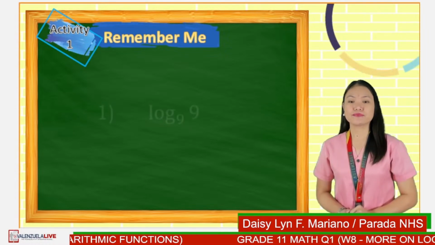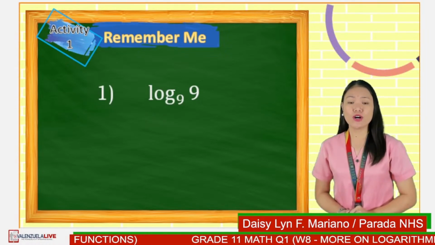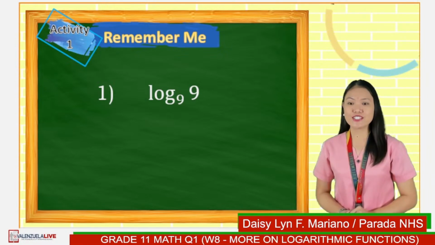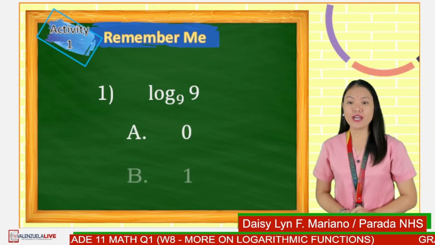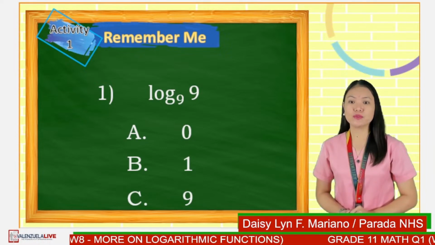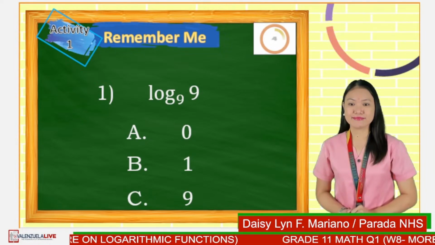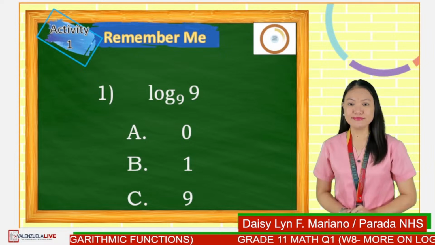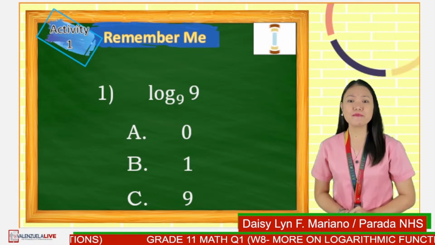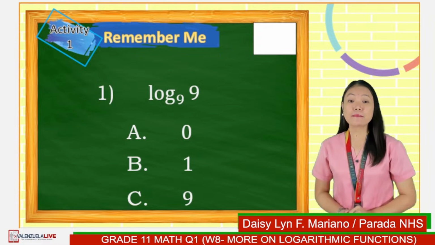Number 1. What is the value of logarithm of 9 with base 9? A, 0. B, 1. C, 9. 5 seconds, go. Time's up. The correct answer is B, 1.